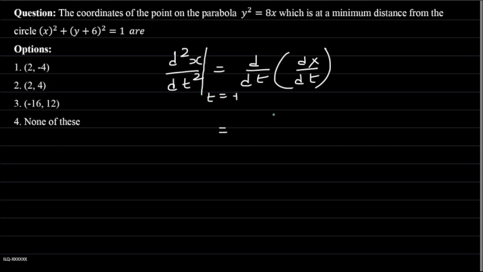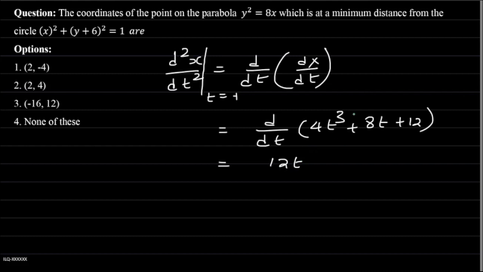We have dx by dt equal to 4t cube plus 8t plus 12, and after differentiating this I am getting 12t square plus 8. If you substitute t equal to minus 1 in this equation, we get 20, which is greater than 0.